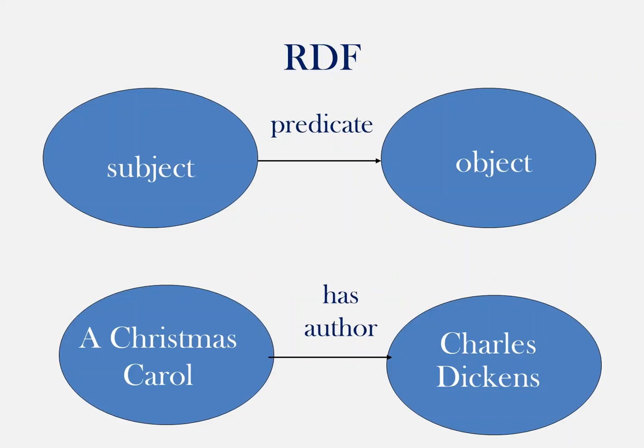So if A Christmas Carol is the resource you're describing, and you want to describe how it's related to Charles Dickens, another entity, "has author" is the relationship between them, and that relationship is encoded in a way that the computer can understand. So if you're looking for any resources that have the author Charles Dickens, the computer will be able to pull up A Christmas Carol among anything else that has the has-author relationship with Charles Dickens as the object.